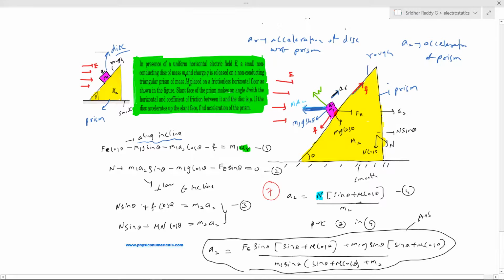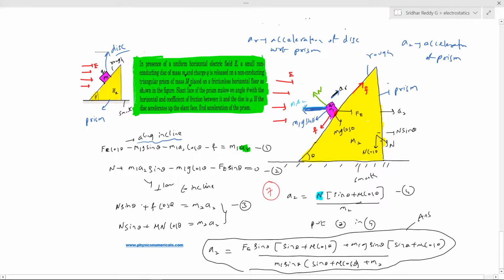Now what is this friction? This friction is by the disk on the prism, while the other friction is by the prism on the disk. Action and reaction are equal and opposite, as forces always occur in pairs.